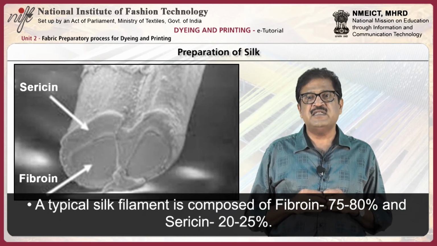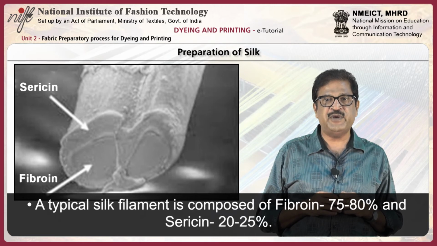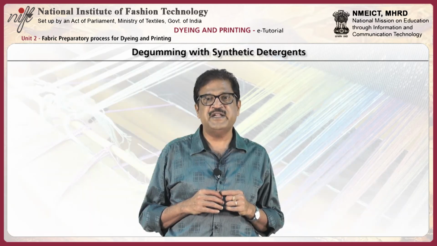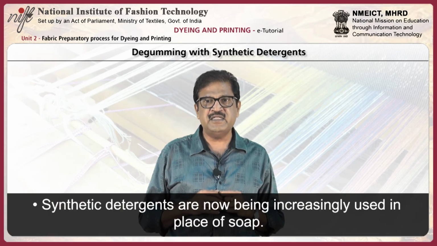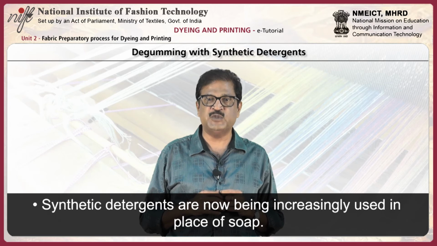A typical silk filament is composed of fibroin 75 to 80% and sericin 20 to 25%. Silk degumming process with synthetic detergents. Synthetic detergents are now being increasingly used in place of soap.